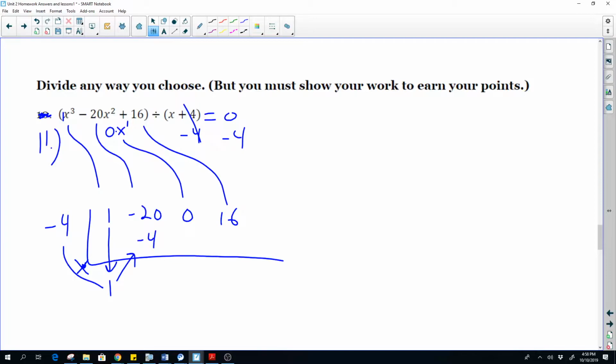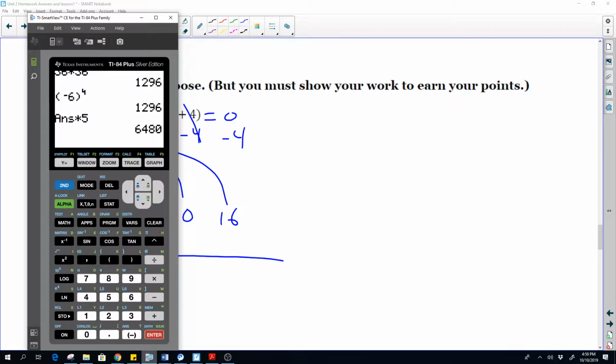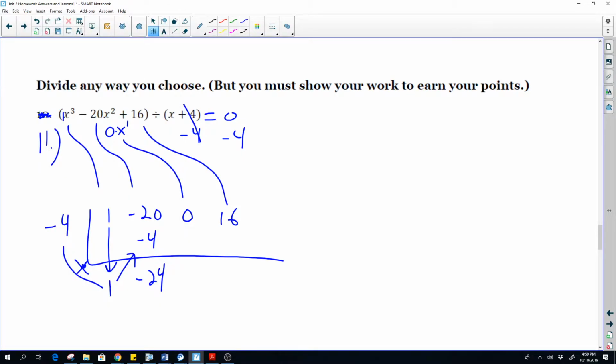Then -20 and -4 combined is -24. Then -4 times -24 is 96.